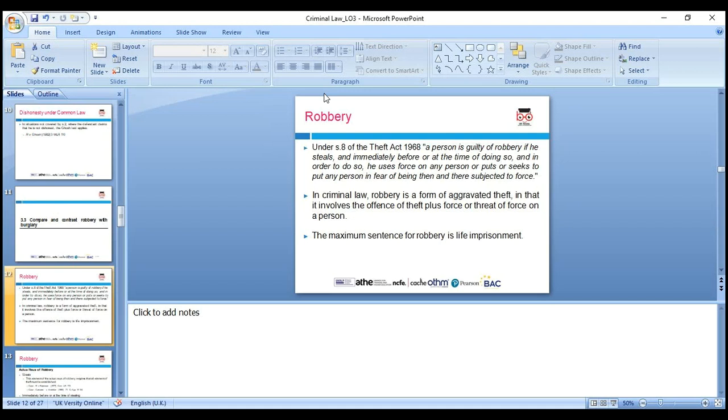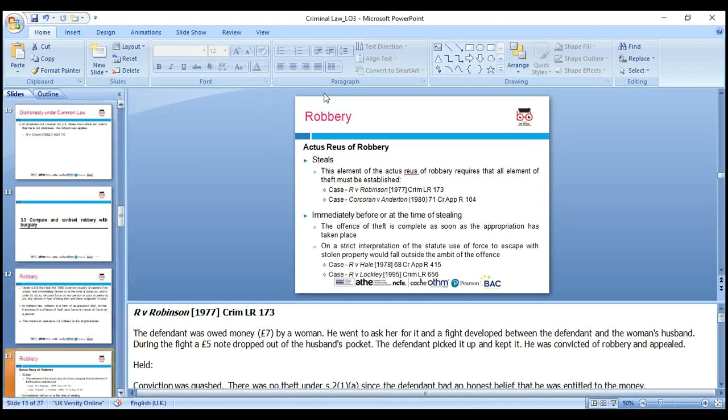In criminal law, robbery is a form of aggravated theft. It involves theft plus force or the threat of force on the person. The maximum sentence for robbery is life imprisonment, because there is force being used as well as theft.